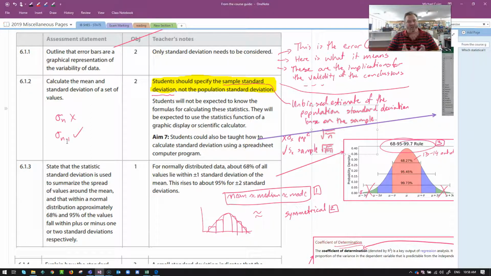When you are doing that, there is always going to be greater variation in a whole population than there is in a small sample. So to artificially increase that, and there's great mathematical arguments why this is the case, but they're super complicated and that's not really important. Know that you're going to be using this sigma n-1. Sometimes it's written as an s with a lowercase x instead of the sigma x. It's the one, basically, to calculate both. It's the one that's slightly larger than the other one when you look at the number that comes out.